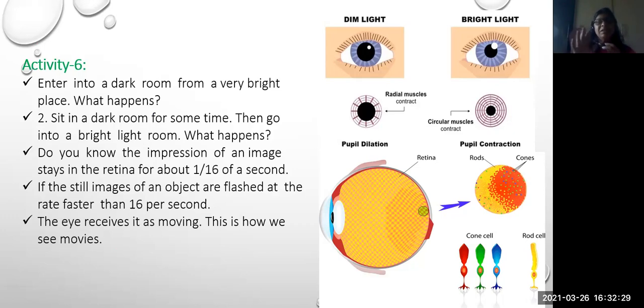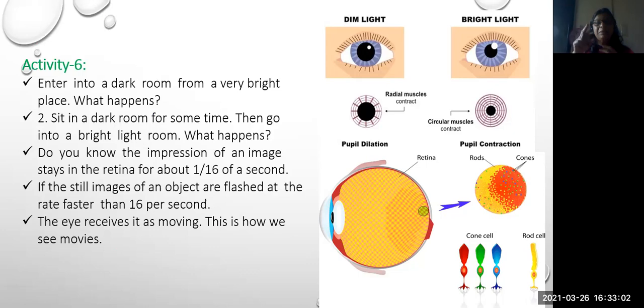Can you see your chair immediately? No, you can't see. So if you just wait for some time, then you can see the chairs. Then you can identify with a torchlight or something. That means, when you move from bright to dark or dim, or from dim to light, the adjustment needs some time.